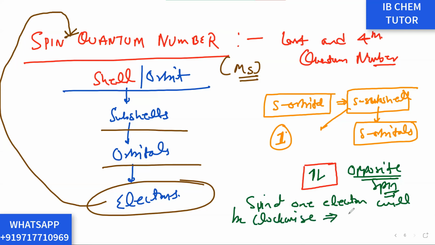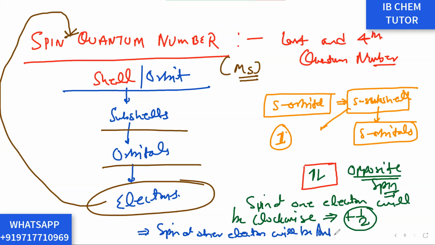So this is represented with plus half, right? And the spin of the other electron will be anti-clockwise. So how will it be represented? It will be represented with minus half.